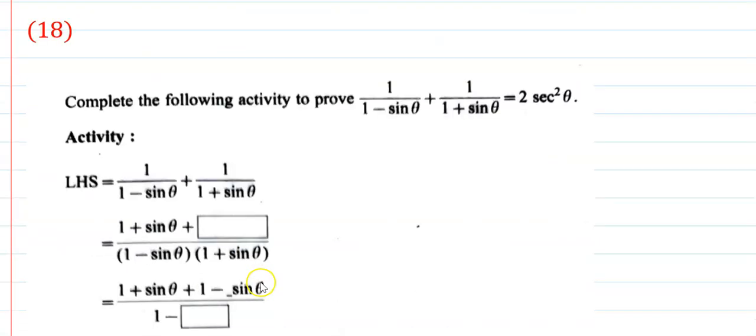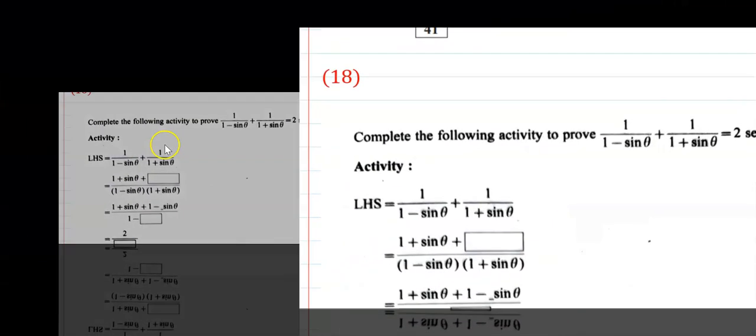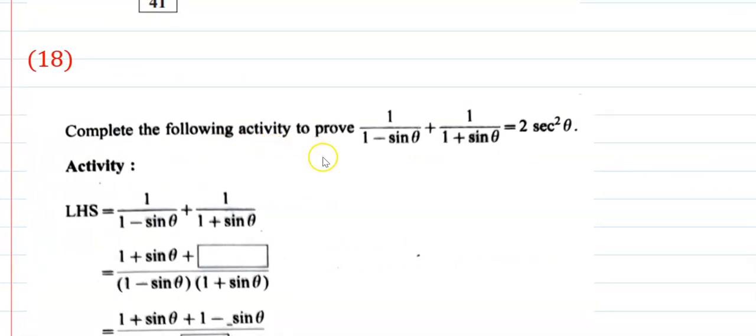Okay. Now the next, complete the following activity to prove that 1 upon 1 minus sine theta plus 1 upon 1 plus sine theta is equal to 2 sec square theta. This is the activity. Now the LHS, 1 upon 1 minus sine theta plus 1 upon 1 plus sine theta. इथे क्रॉस मल्टिप्लिकेशन करणार. या 1 प्लस साइन थीटा ने 1 ला मल्टिप्लाइड करणार प्लस या 1 ने 1 माइनस साइन थीटा मल्टिप्लाइड करणार.